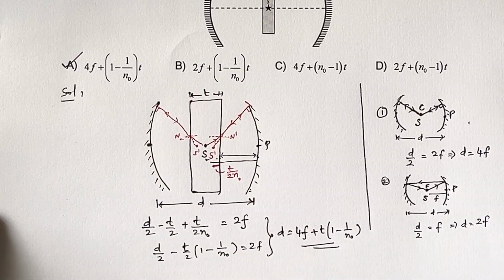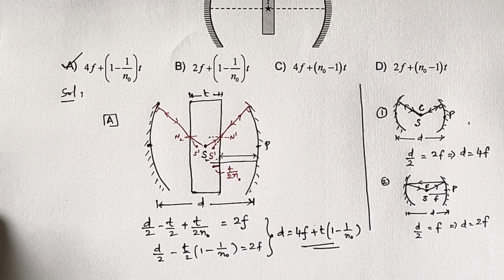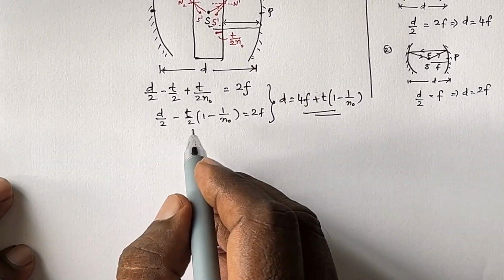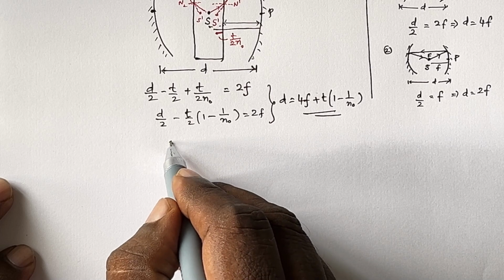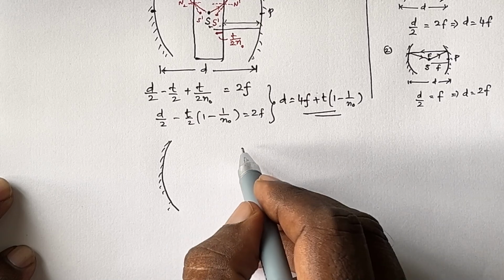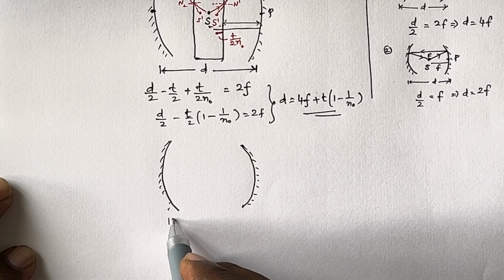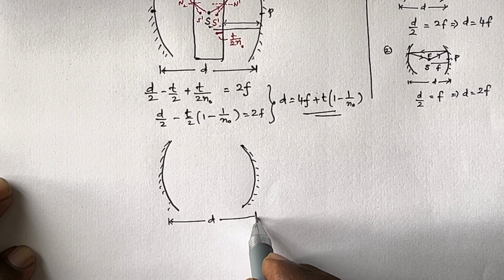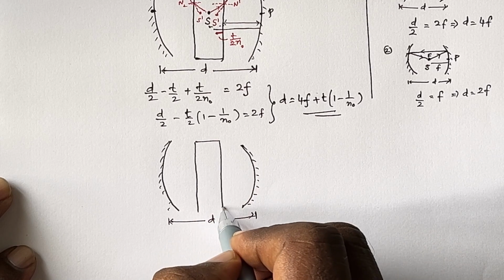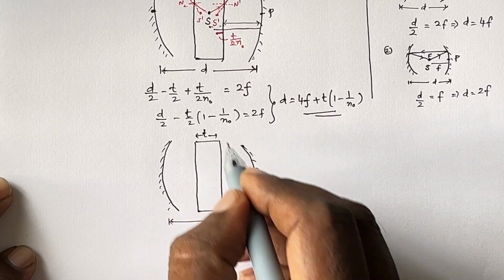Option B also correct. Let us check. Option A is correct. Option B, the second possibility. This is the mirror and this is also a mirror. The distance between the mirrors is d, and a glass slab is placed in between. So thickness is t.